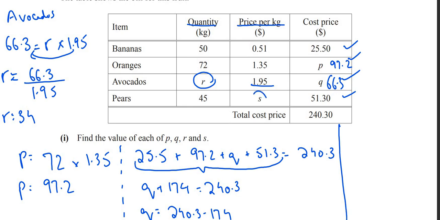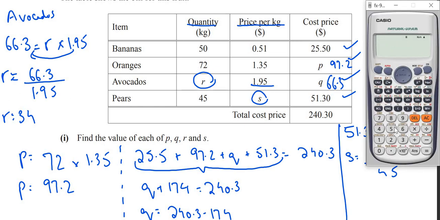Lastly, we need to find the value of S. So look, again, same strategy. We will do 51.3, which is the total price of pears, is equal to 45 multiplied by S. Now S is equal to 51.3, which is total price, divided by 45, which is the total amount of pears that we bought.